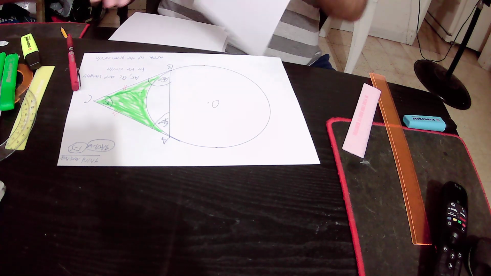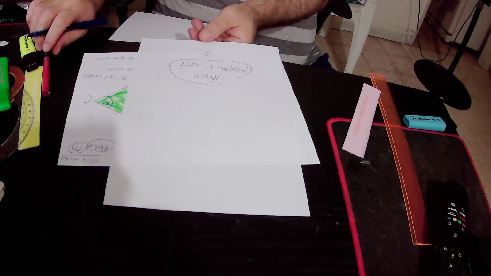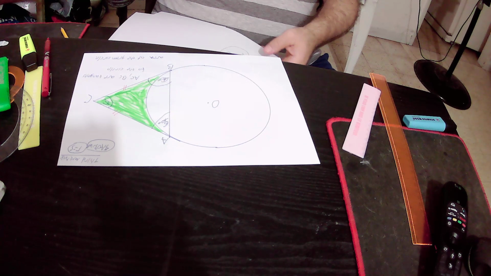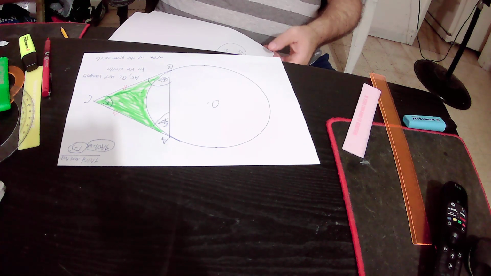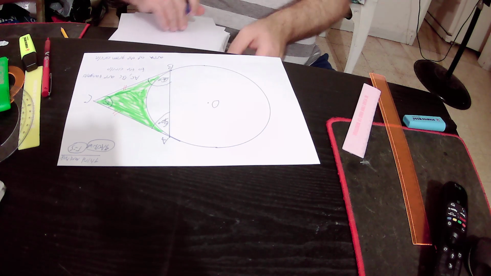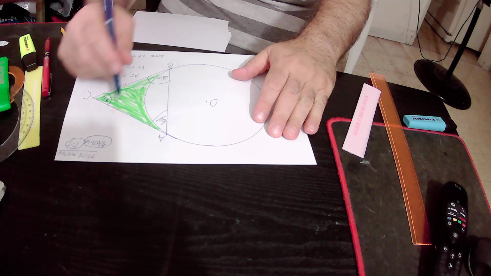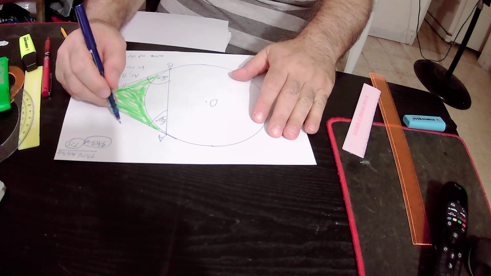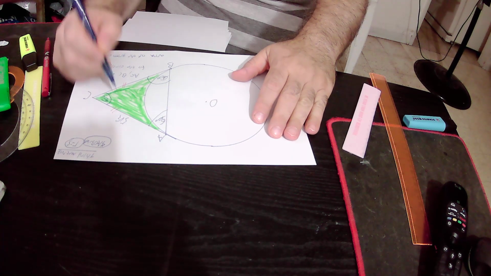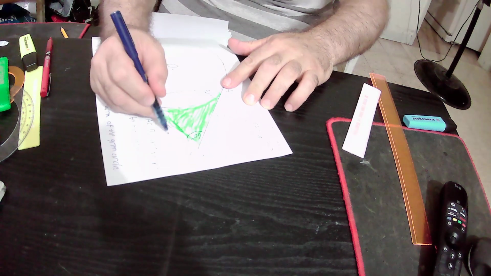We have already found out in the first method that AC equals 5 times root 3, and AC equals BC, so BC also equals 5 times root 3.